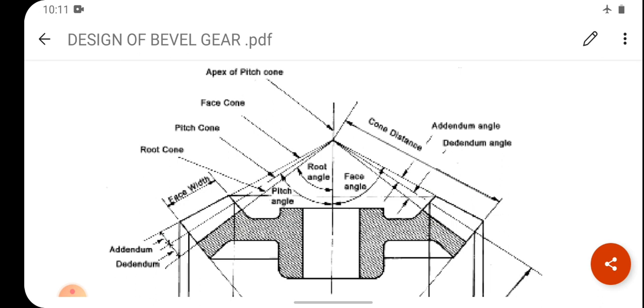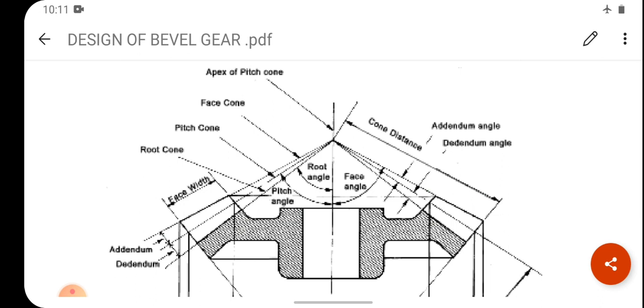Clear? So central line is known as apex or pitch cone. Below that, face cone. Face cone means face of the gear tooth. So from the edge of the tooth to the apex is known as face cone.